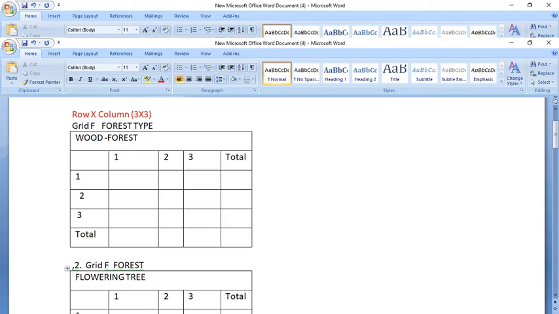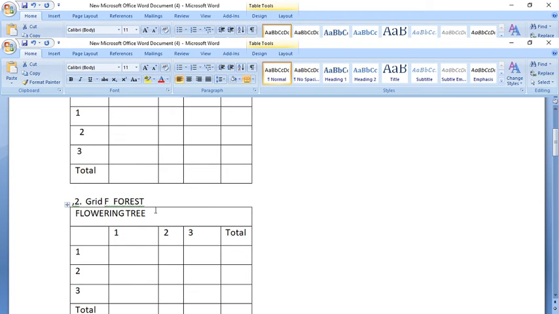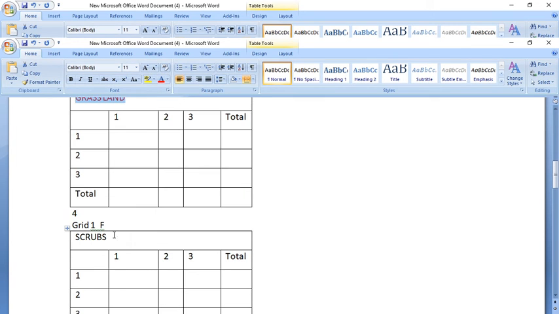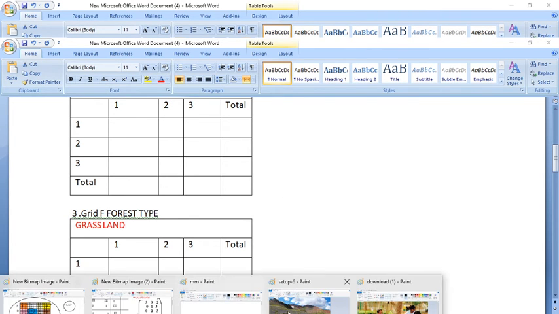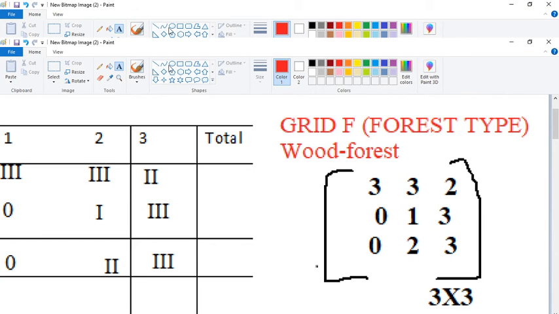Suppose you students have to complete this table, the forest type woodland table, after observation, the flowering table, the grassland table, and the scurf table for the grid F, four separate sets of matrix like this one.